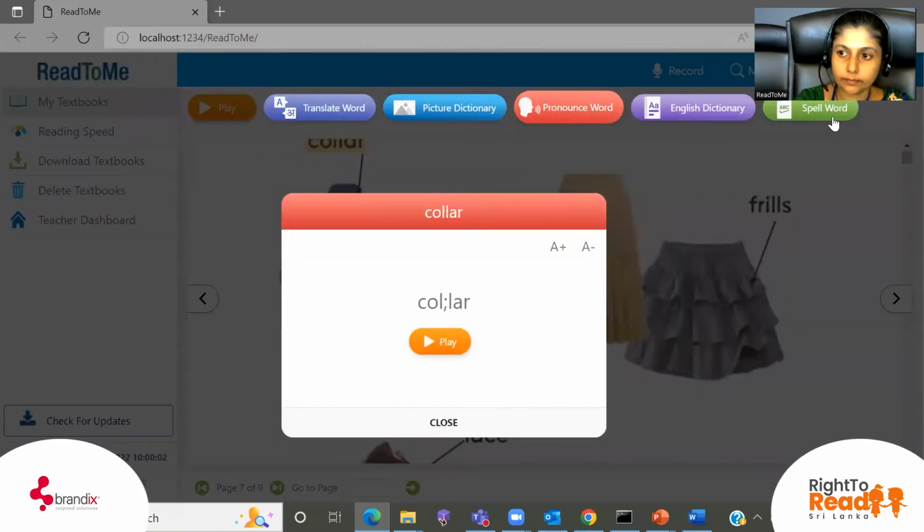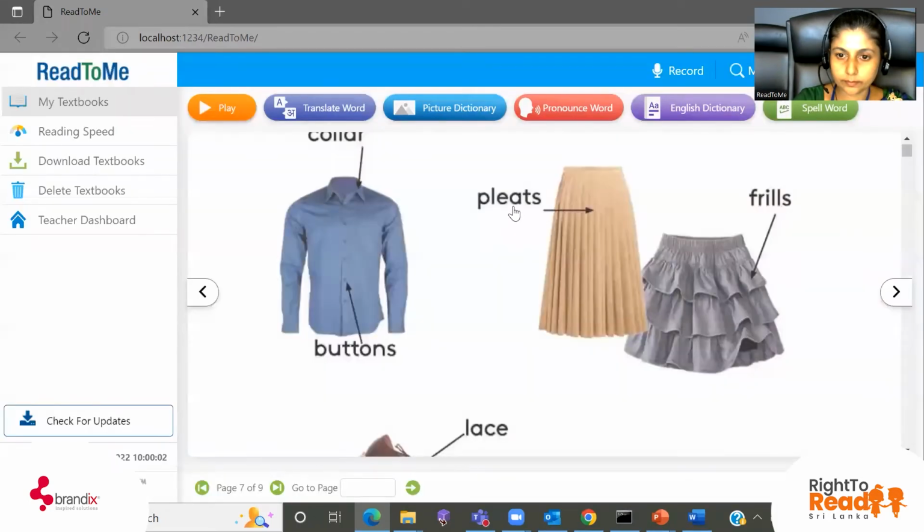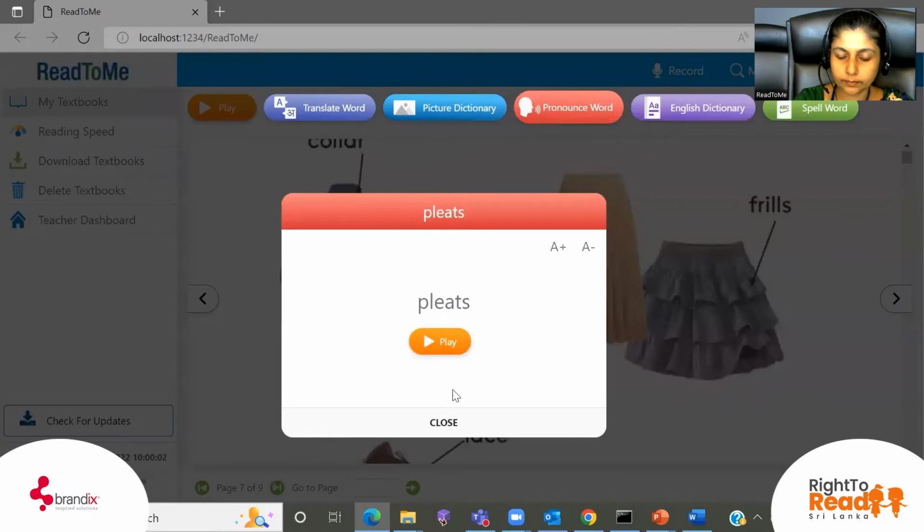Collar. C-O-L-L-A-R, collar. Pleats. P-L-E-A-T-S, pleats.